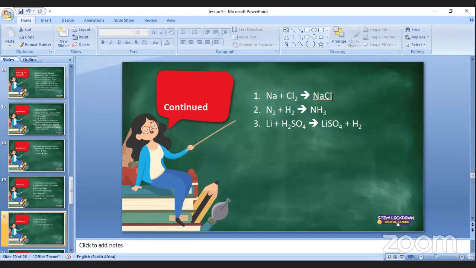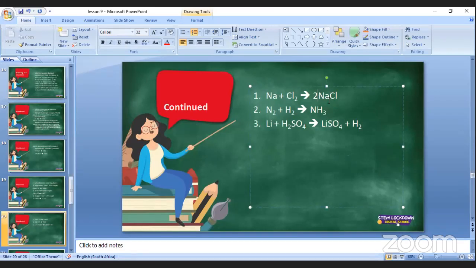So let us look at chlorine. How many chlorines do we have on the right? On the right, we have 1. On the left, we have 2. So that already tells us that the coefficient we're going to put on the right is a 2. Is it balanced now, Hloni? It doesn't look balanced, sir.